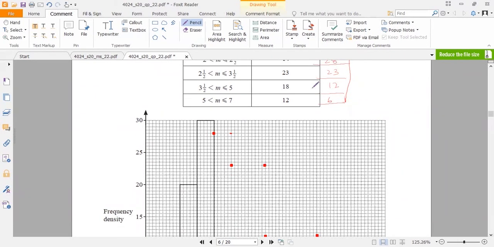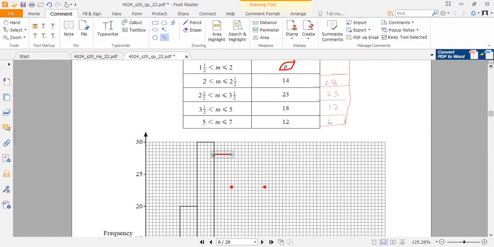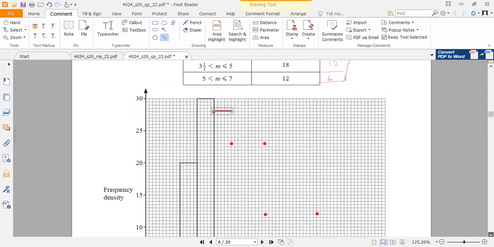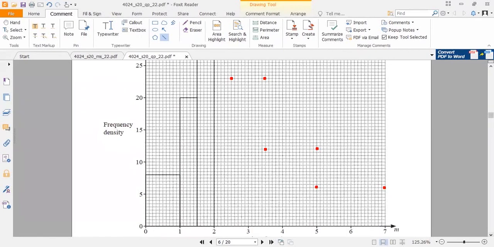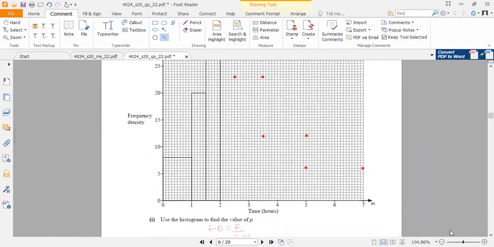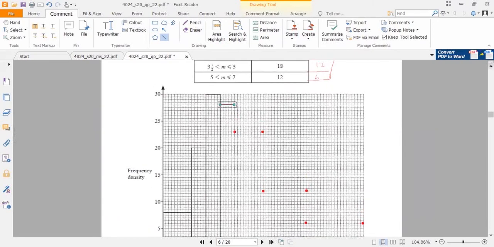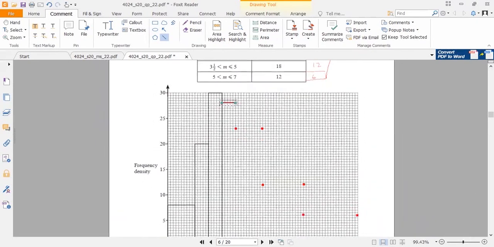For this, firstly, we have to plot up to 28. Here we have the 28. Its class width is from 2 to 2.5. Let me zoom out so that we may have both the view of the chart and the histogram.